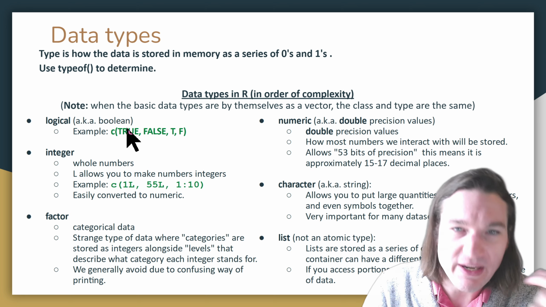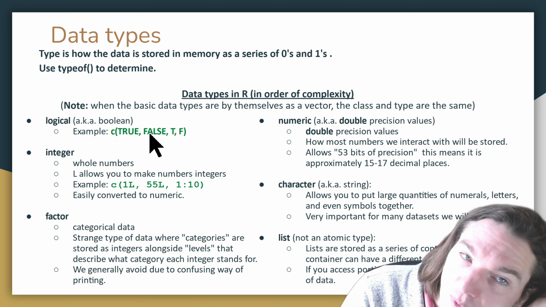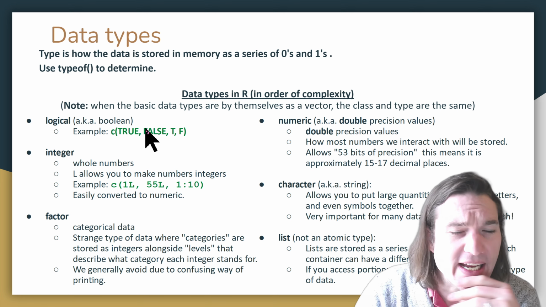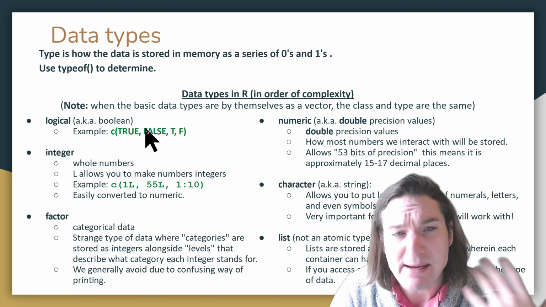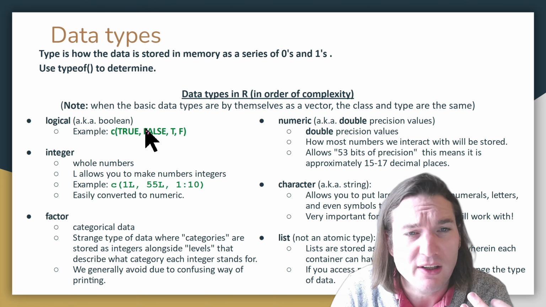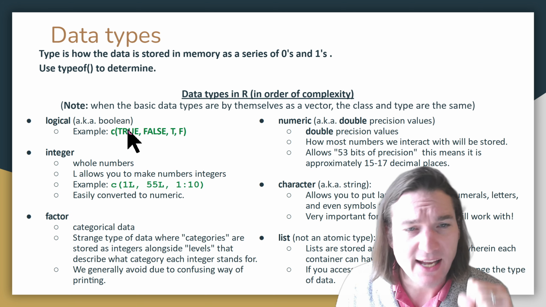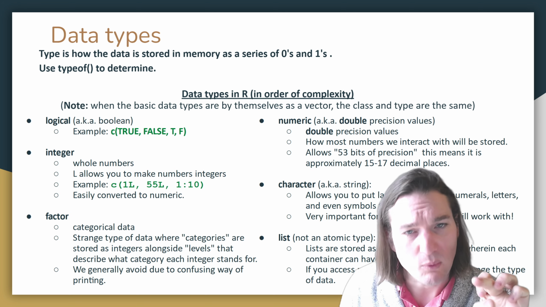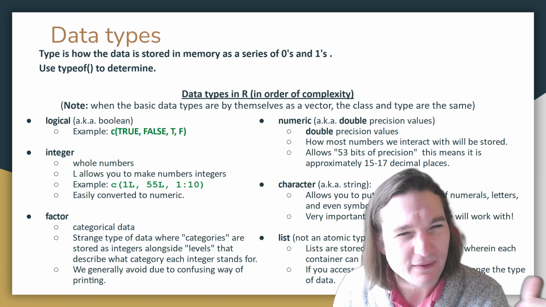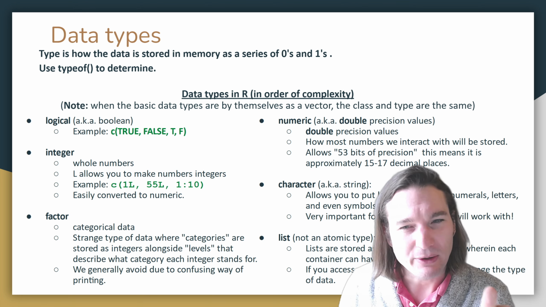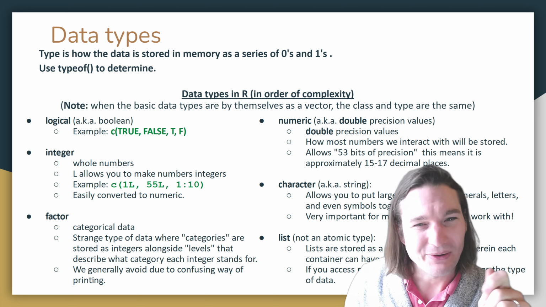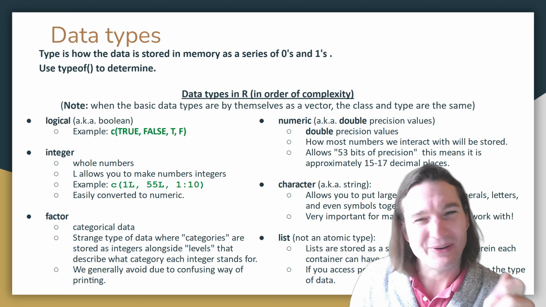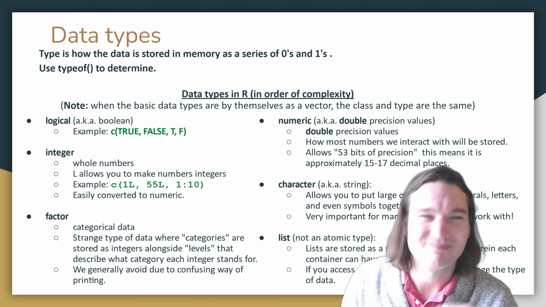Well, it can't store three different options in just a 0 or a 1. Additionally, logical data can have additional properties like names of different positions. And so it requires more than just one bit of information. It can't just be stored in a 0 or a 1. I think they use 4 bits. So 0, 0, 0, 0, or 0, 0, 0, 1, or 0, 0, 1, 1, and so on.